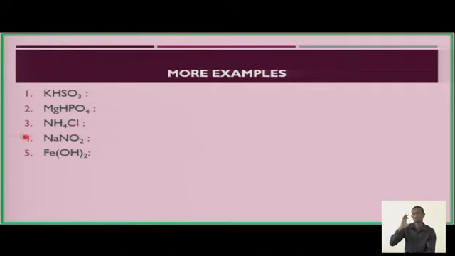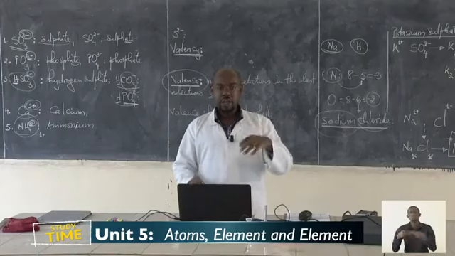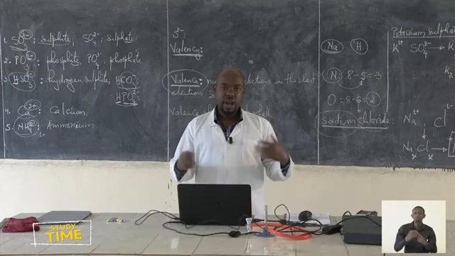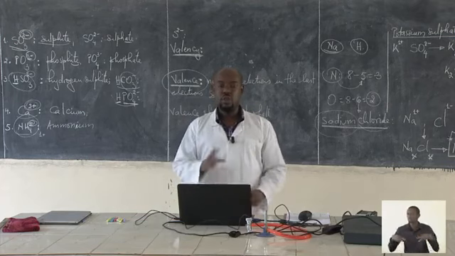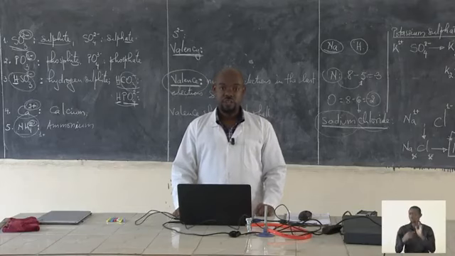And as usual, number 4 and number 5 are for your practice. Just combine the names. If there is a possibility of having 2 different ions coming from the same element, don't forget to indicate the valence of that part.